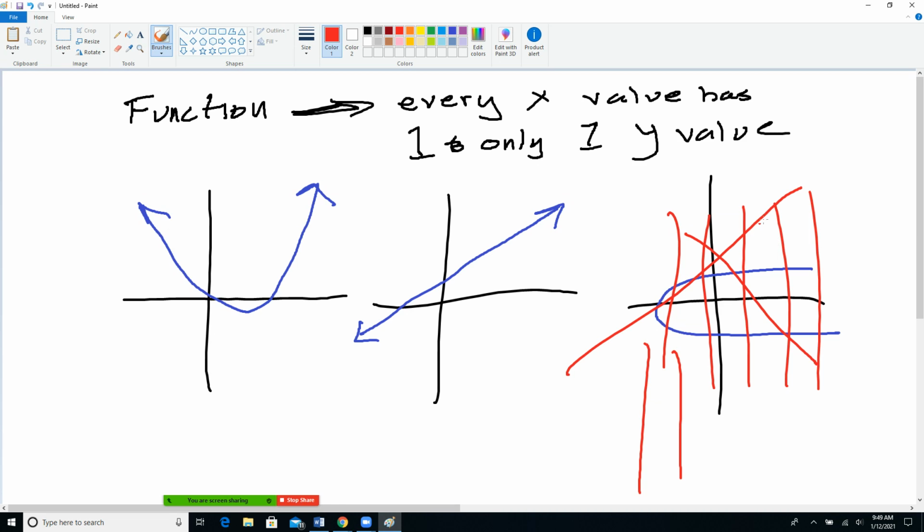Yep, it crosses 2 points right there and there, so it is not a function. But on this one, if I draw my vertical lines anywhere, it only crosses 1 point. So those pass, those are functions.